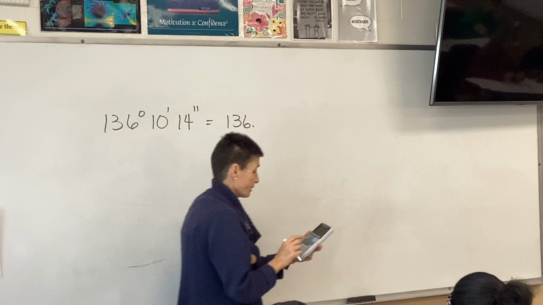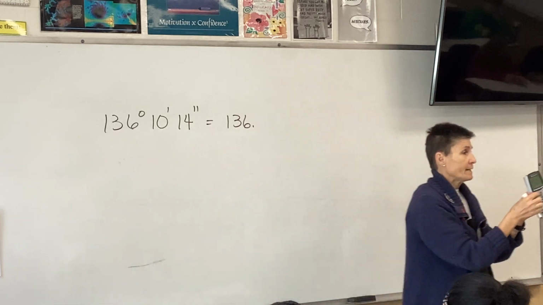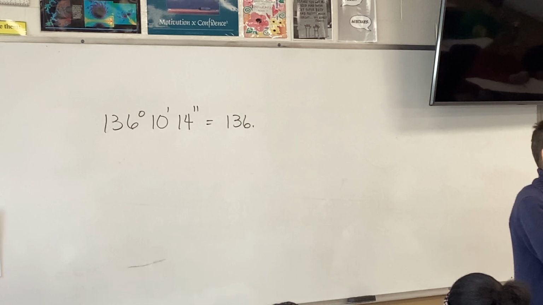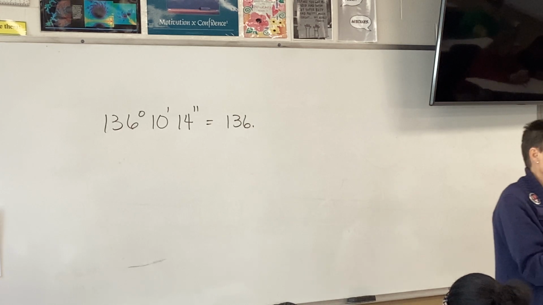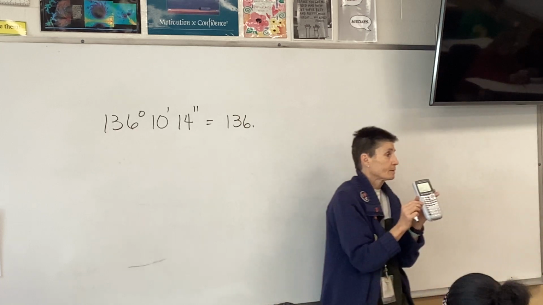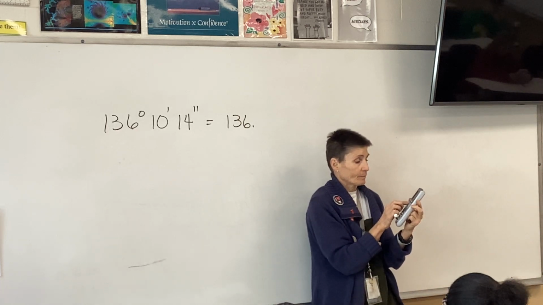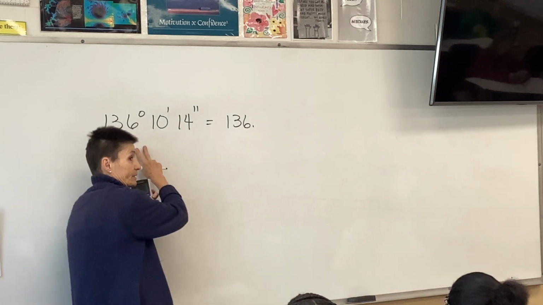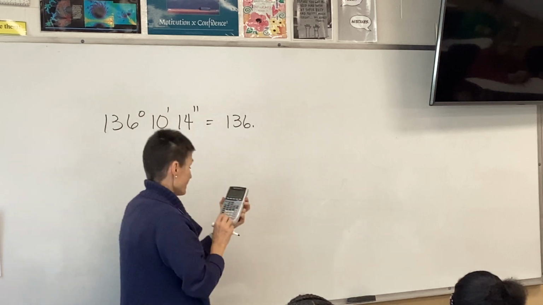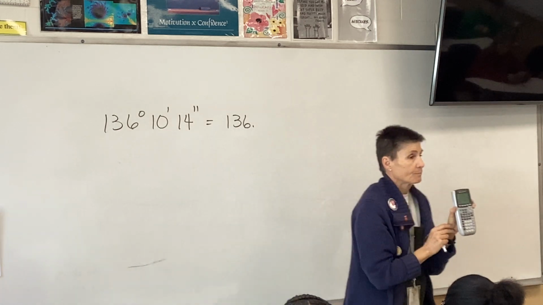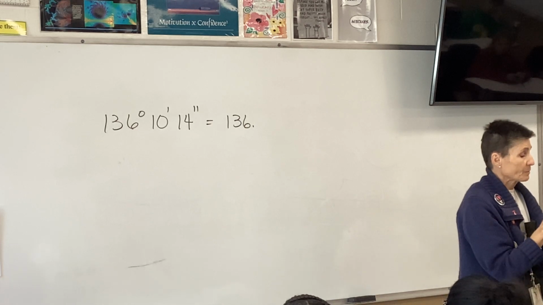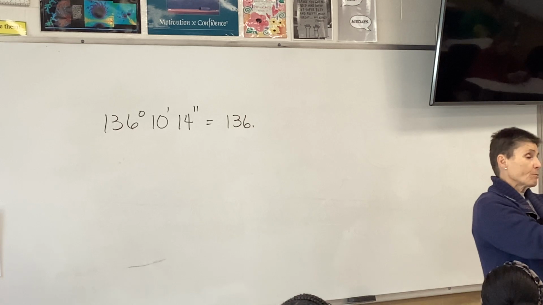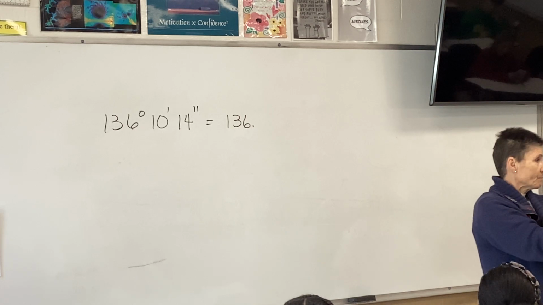Step one, go to mode, you know where your mode button is. Make sure your calculator's set in degrees. So go down and highlight degrees. Okay? Now, I'm gonna type this in on my calculator, it's real easy. Type in 136, just that part. Now, look where I'm pointing. My finger is on, for me it's purple, it says apps.